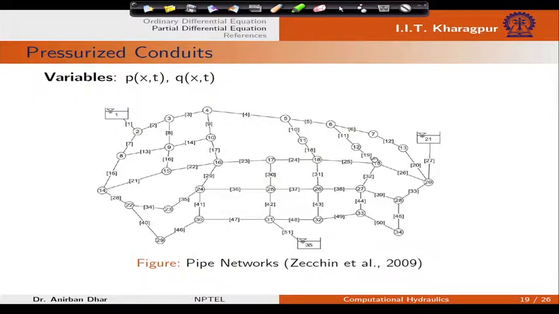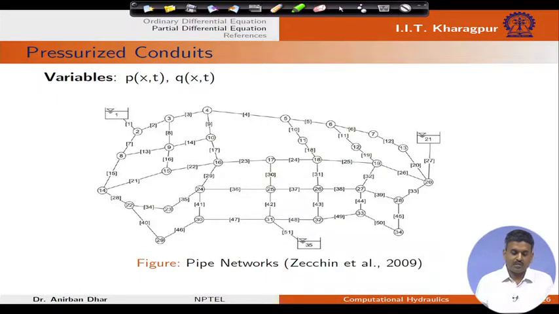For pressurized conduits, again we have mass conservation and momentum conservation equations, we have internal conditions or junction conditions, we have boundary conditions. So, we can solve this problem as an initial boundary value problem.